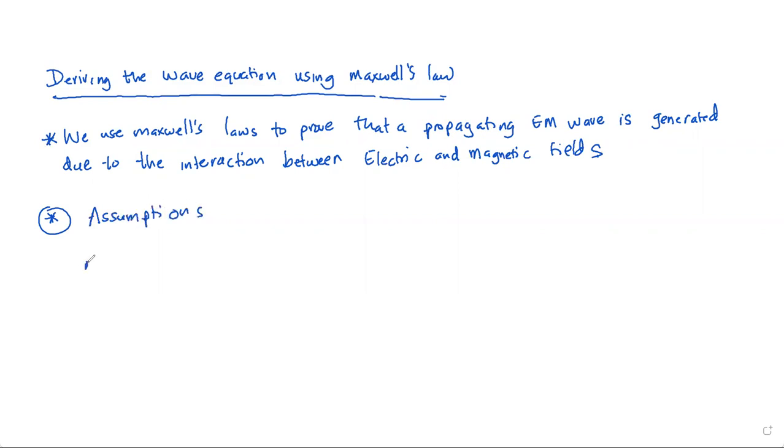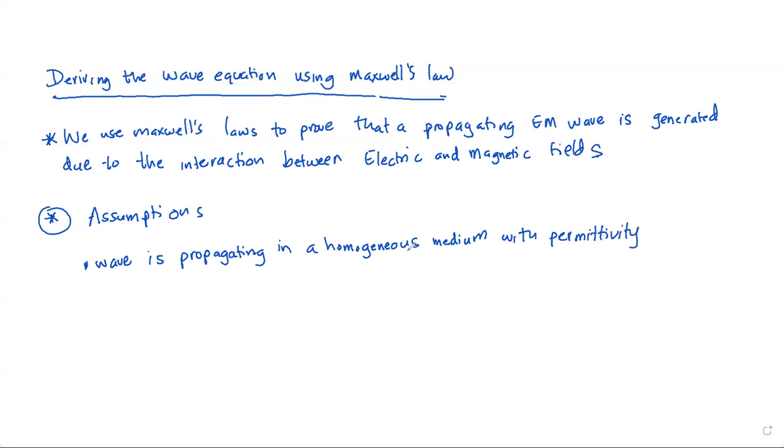The assumption is that the wave is propagating in a homogeneous medium with permittivity epsilon and permeability mu.